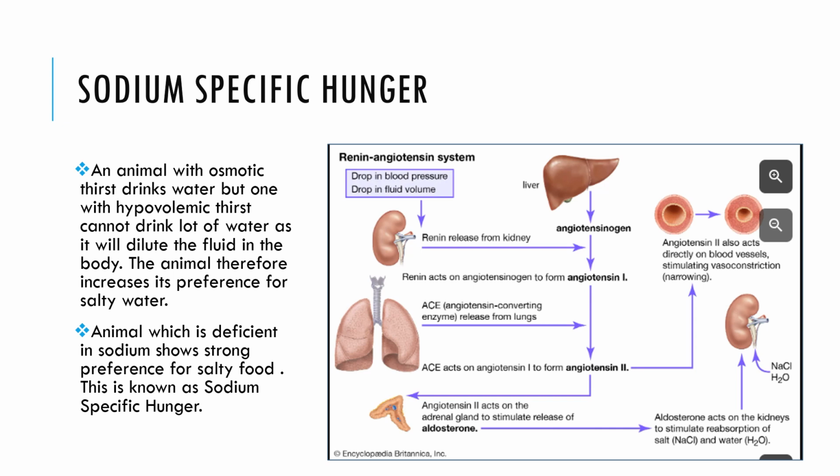So instead, the mechanism is such that the person starts feeling a need or a preference to eat salty items. So those who show a deficiency in sodium, they show a strong preference for salty food. So this phenomenon is known as sodium specific hunger.